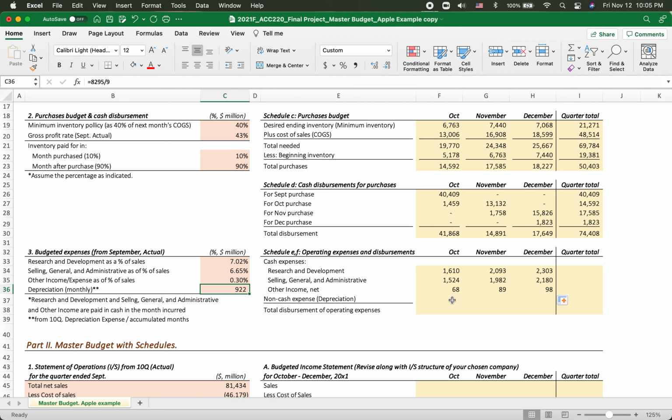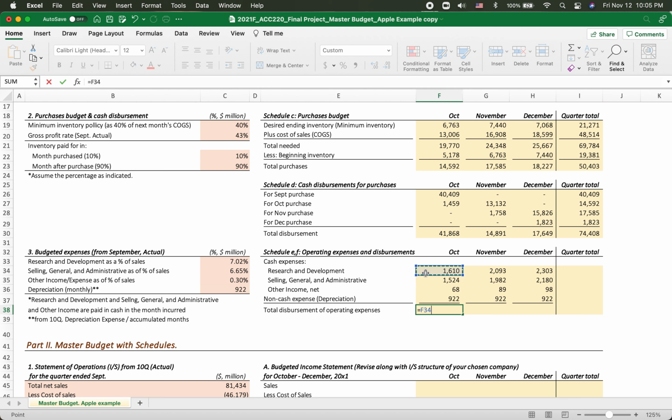From the 10K, we got the depreciation, 922, and then the same way, we have the same amount, right? And then the total disbursement of operating expense is now, you should be careful, this plus this, plus this, and then you should subtract depreciation, right?